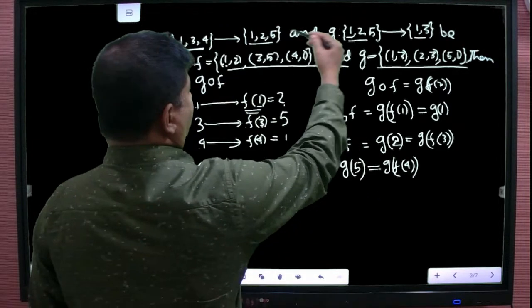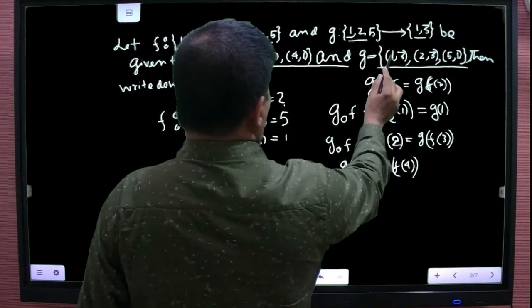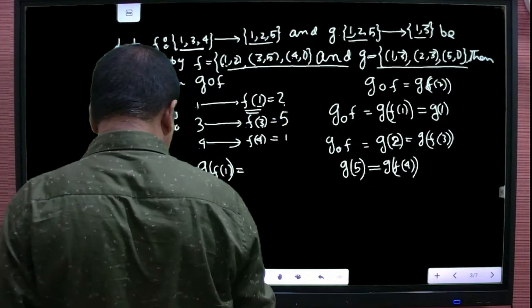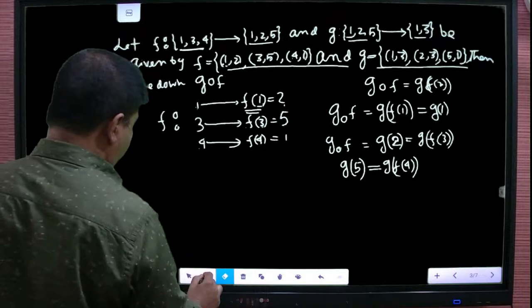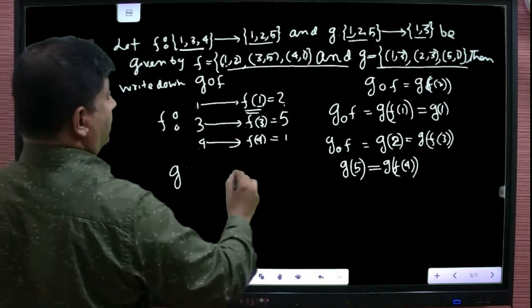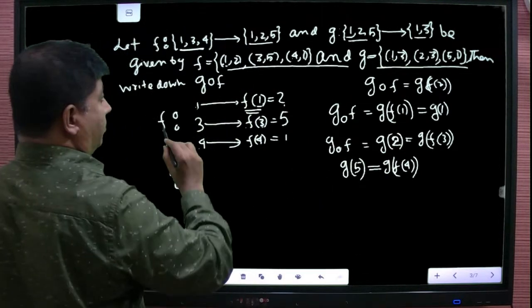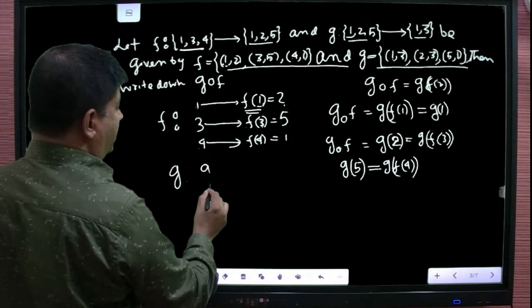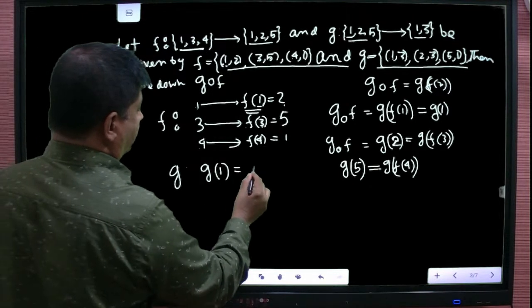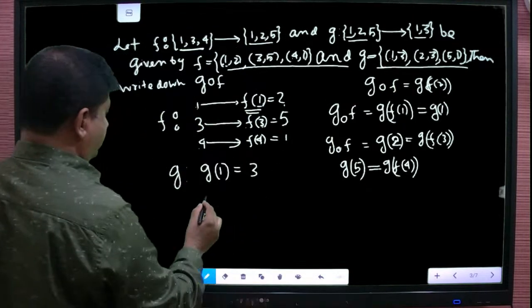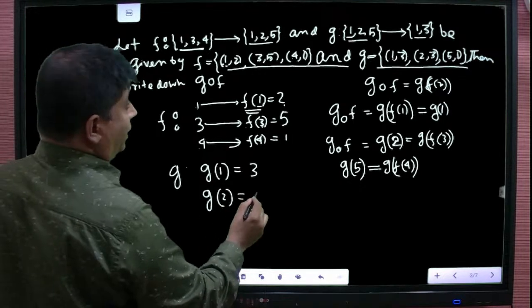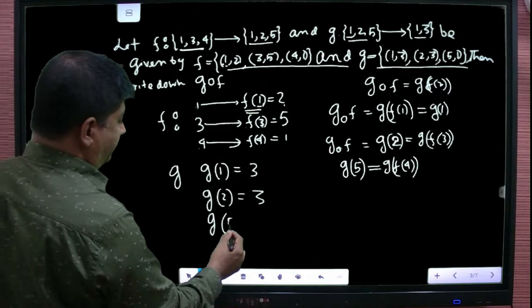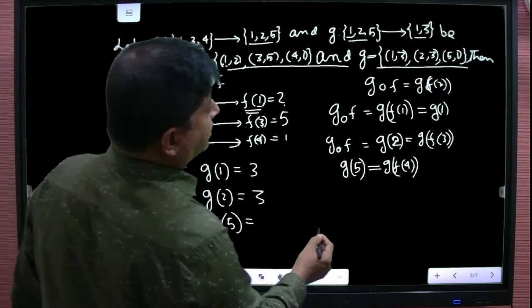From F to G it was mapped. So g does what? g maps 1 to 3. Means 1 goes to 3. g of 1 will be 3. g of 2 will be, that is also 3. g of 5, that is 1.